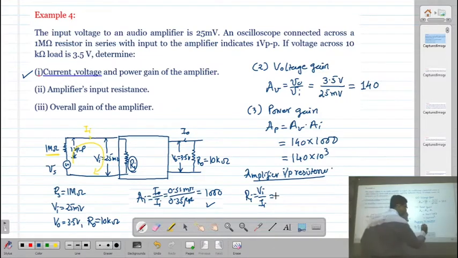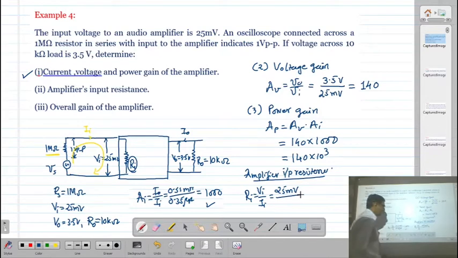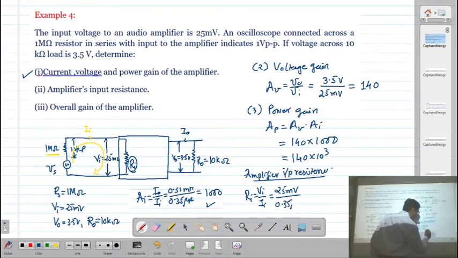It is 25 millivolt. And we have already calculated the input current, which is 0.35 microampere. So the input resistance comes out to be 71 kilo ohm.